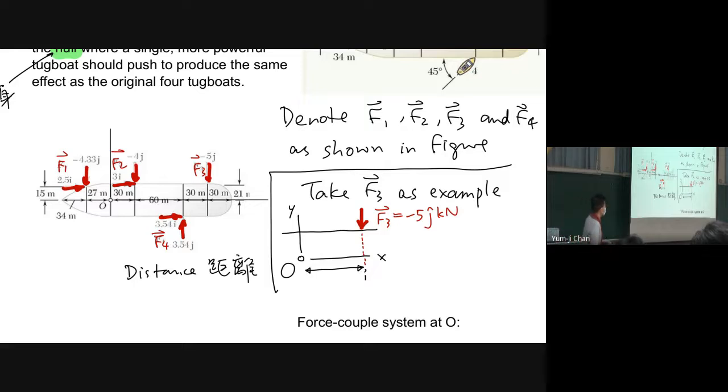The distance between point O and the line of action of F3 is 30 plus 60 plus 30, which is equal to 120 meters.